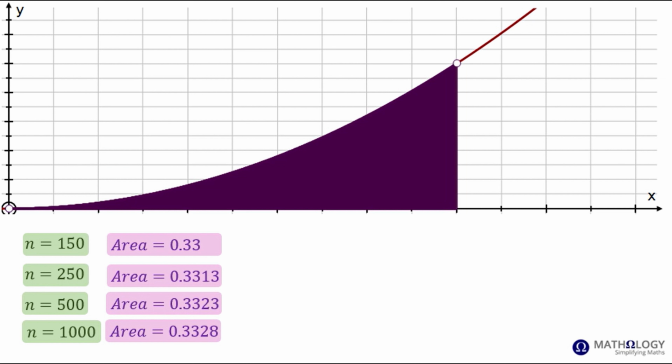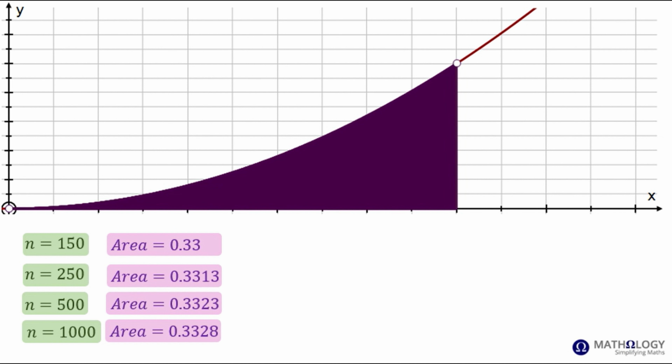If we continue increasing the number of rectangles ad infinitum, then it's safe to say that the area underneath the curve between the points 0, 0 and 1, 1 will approach a third. You can clearly see as we increased from 150 rectangles where the area was 0.33 to 1,000 rectangles, the area is 0.3328.